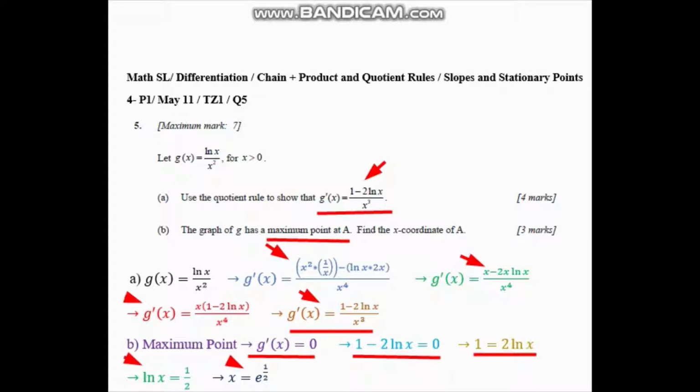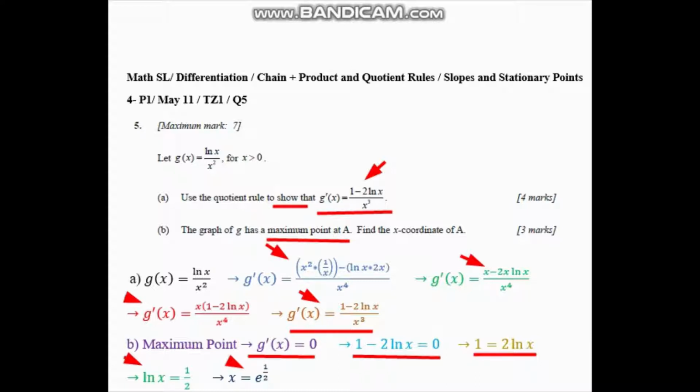I just want to draw your attention to a small hint: whenever the question says "show that", they're usually telling you that you are capable of solving the second question even if you do not manage to solve the first.